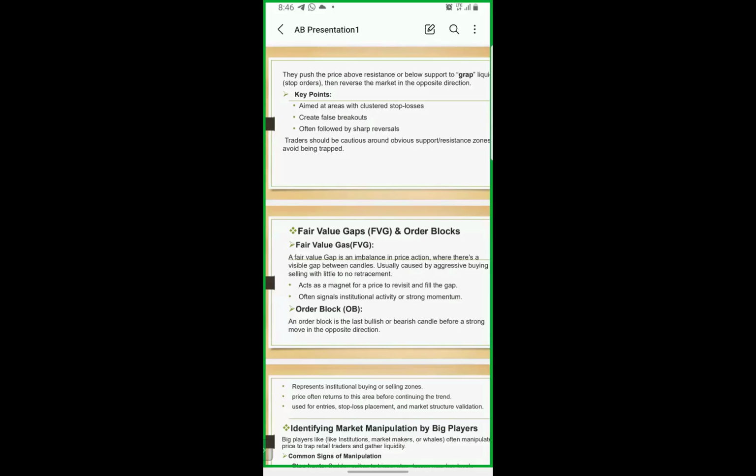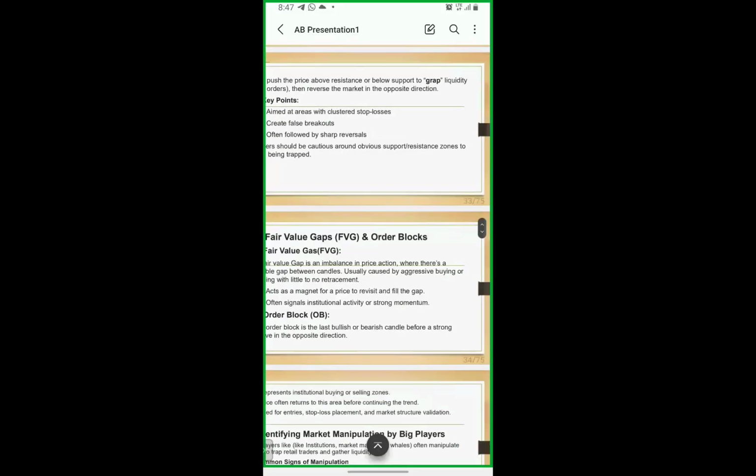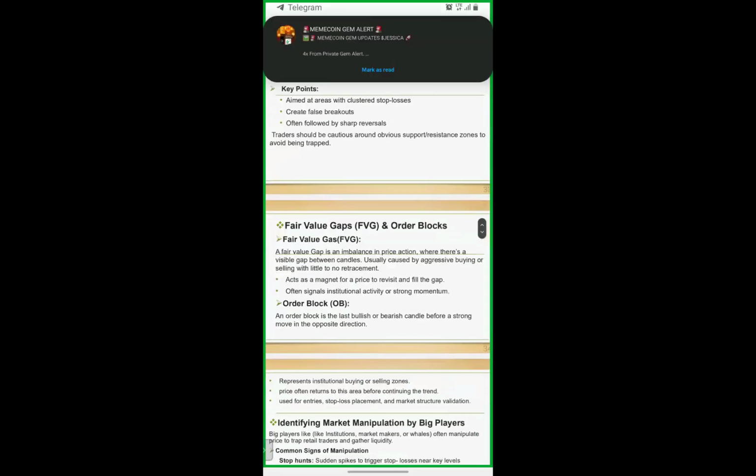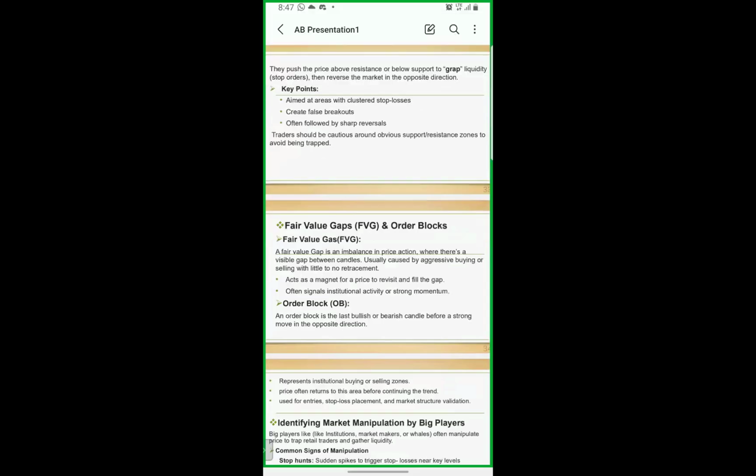Either the buyers are much higher than the volume of the sellers, or if it's a downtrend, the sellers are much higher than the buyers. That's why we say it's imbalance, because they don't have mutual agreement. In other words, a fair value gap is an imbalance in price action where there is a visible gap between candles, usually caused by aggressive buying or selling with little to no retracement.